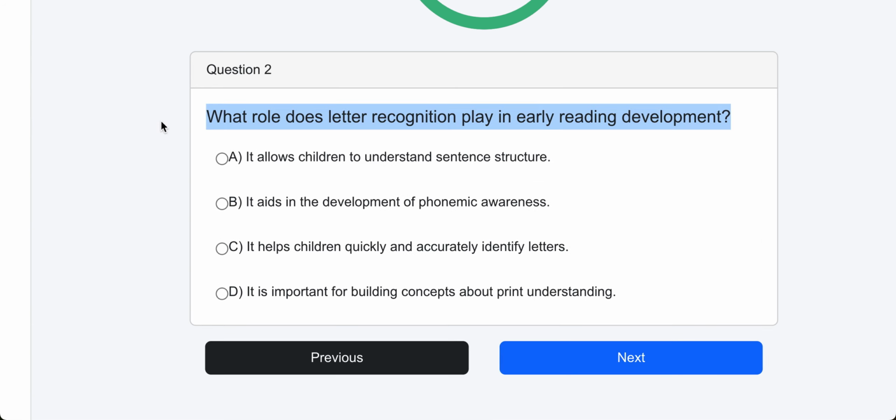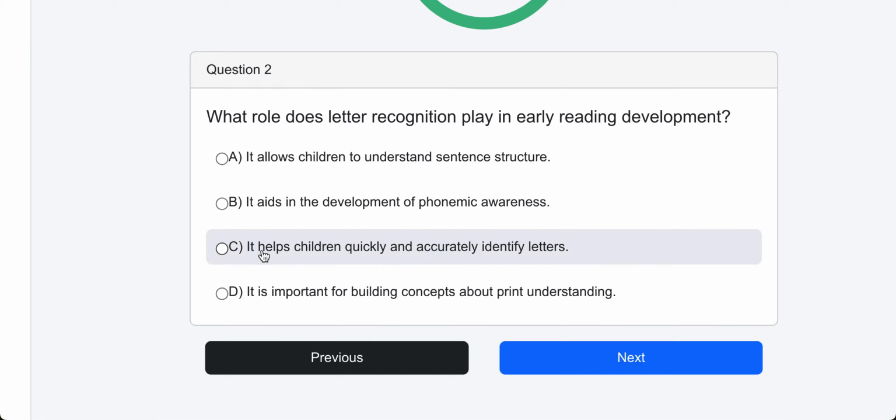This reads, what role does letter recognition play in early reading development? Pause the video, select the best answer. All right, so the role that letter recognition plays for early development, we're going to head down to answer option C. Is that what you chose too?